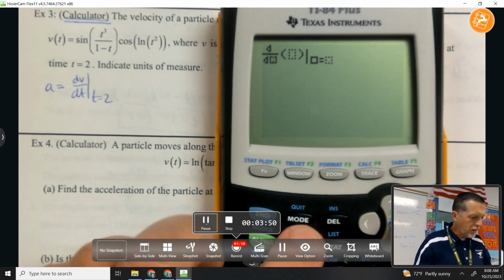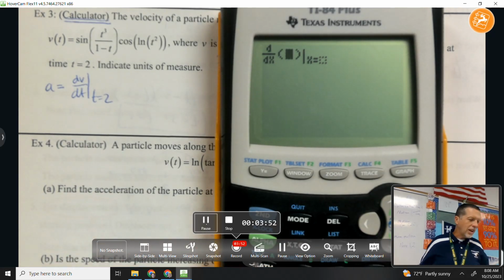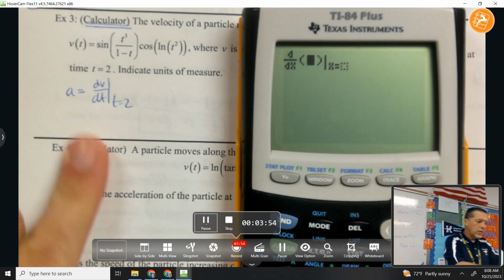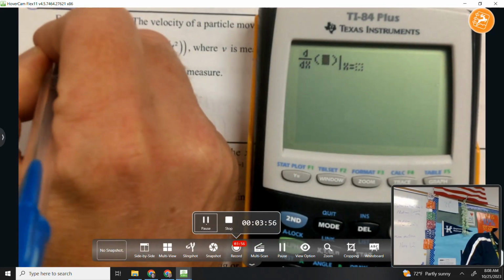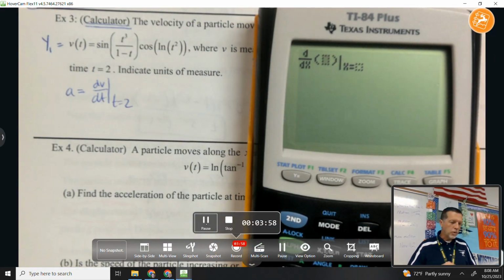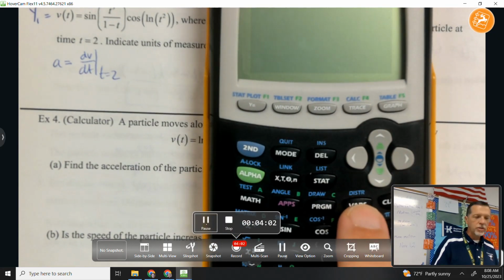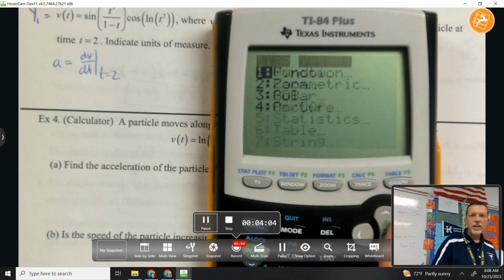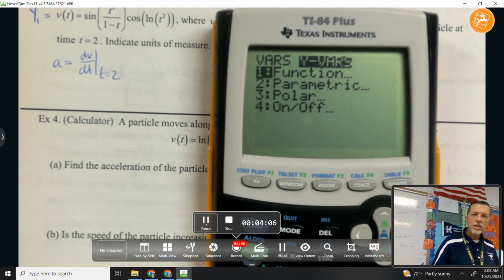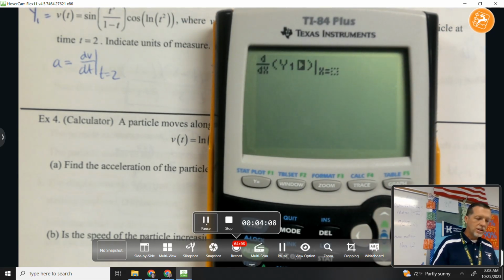So I'm doing d dx, and I'm taking the derivative of what I put in for y1, so I'm going to put y1 in that box. So vars, I need a y variable, y1 at x equals 2.